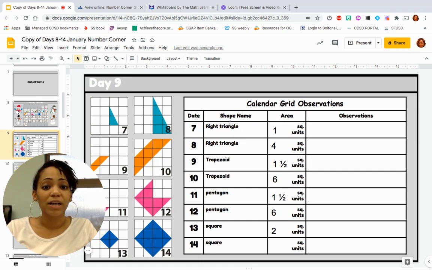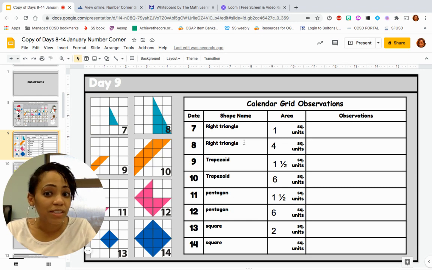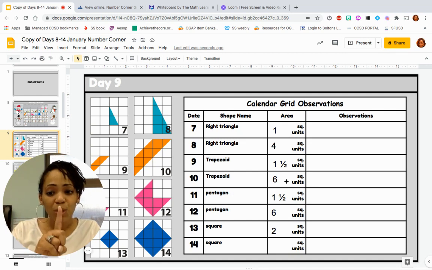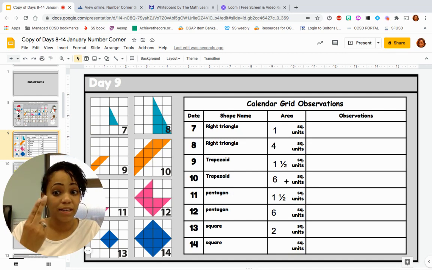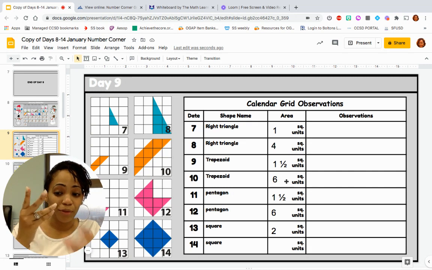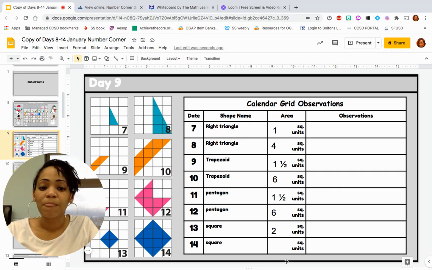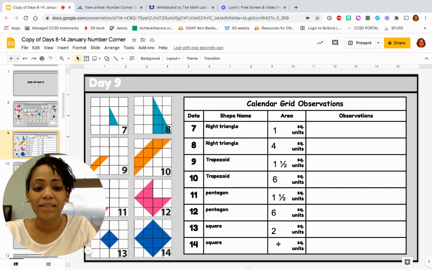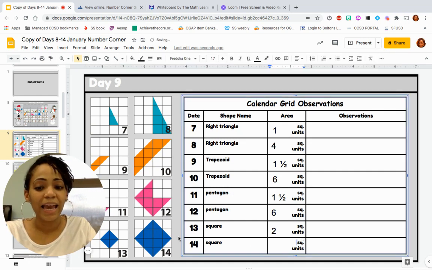So let's look. Right triangle is 1, and then 4 times that is 4 for the second right triangle. Trapezoid is 1.5, and then 4 times that is 6. 1.5 plus 1.5 is 3, plus another 3 would be 6. So you could have used that to help you figure out the area for today, which is indeed 8.